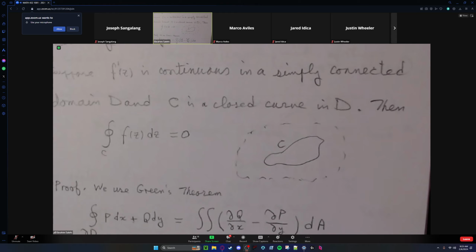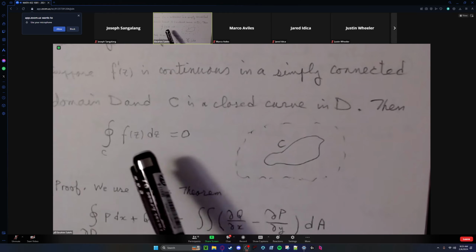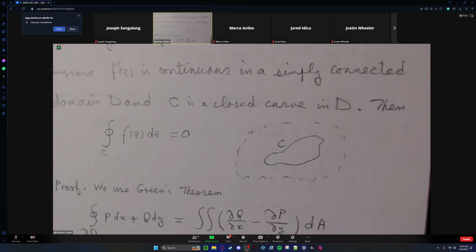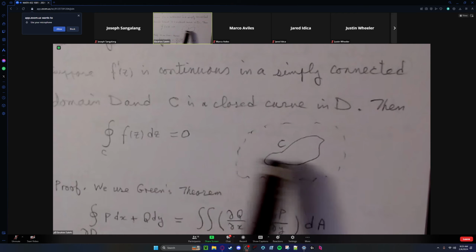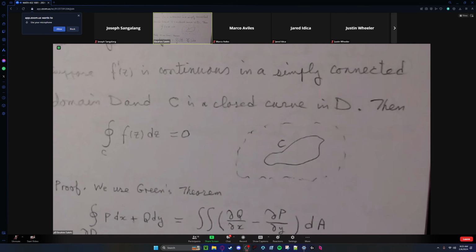This is the topic that I'm going to cover on Thursday, which is Cauchy integral theorem and the consequences of Cauchy integral theorem. That is fascinating. It gives you a different perspective on how beautiful complex integrations are.